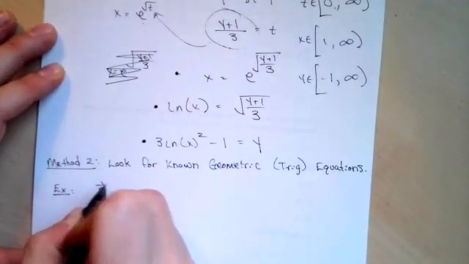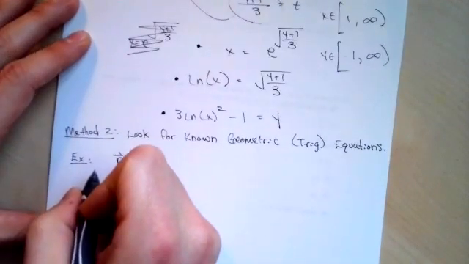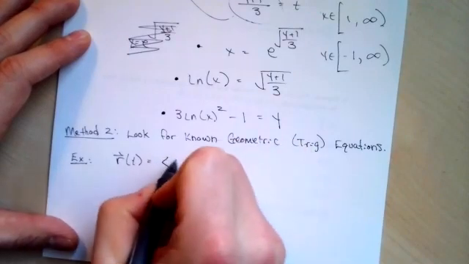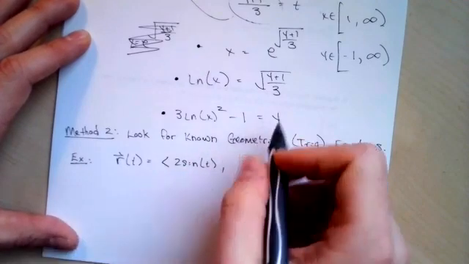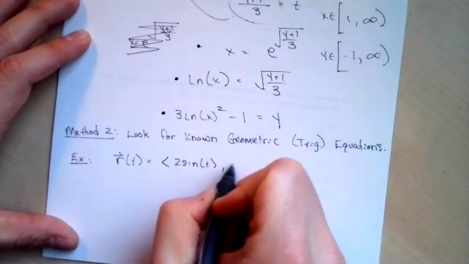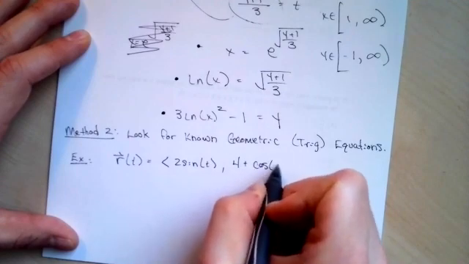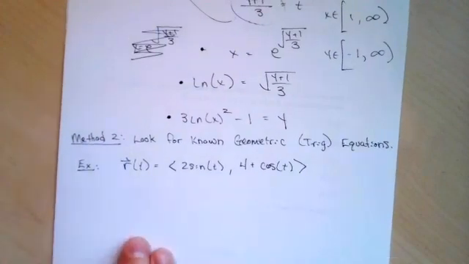So let's say I have a parameterized curve given by x of t is 2 sine t, and y of t is 4 plus cosine t. Graphing this actually isn't going to be too bad.